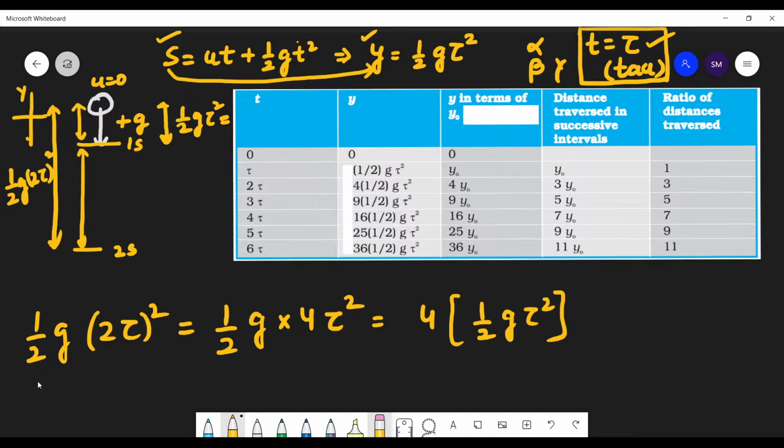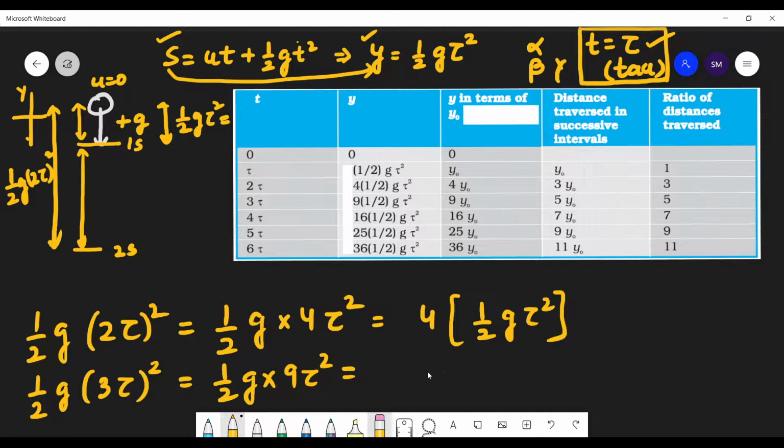What about the distance traveled in 3 seconds? That will be 3 tau, and that will be equal to half g into 9 tau square, and that is equal to 9 into half g tau square.